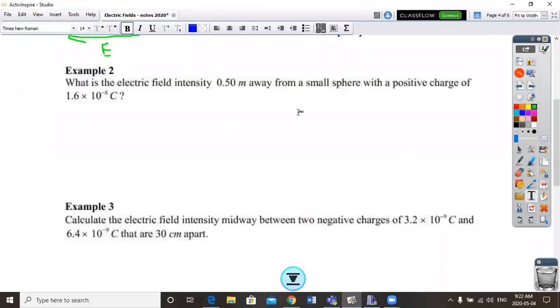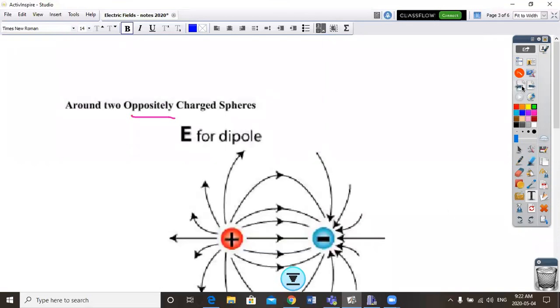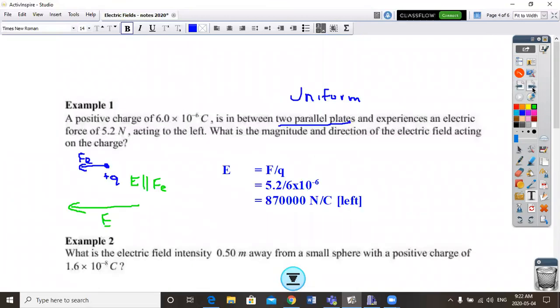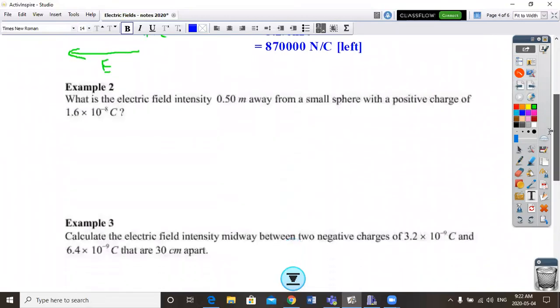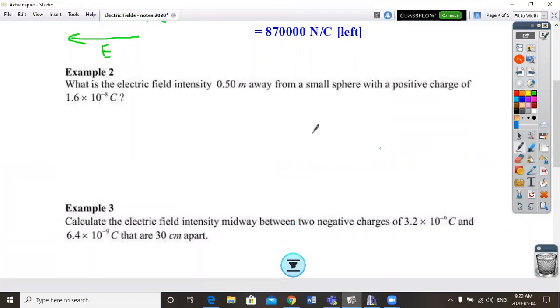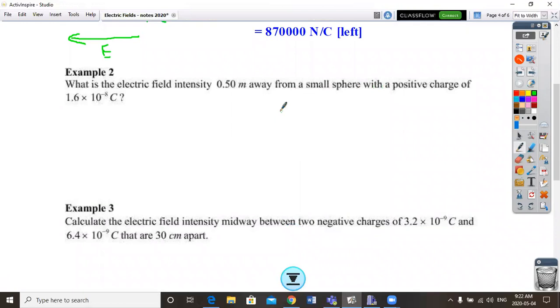So example 2, we're going to look at a non-uniform field. So when we're looking at the electric field intensity and we were given a distance, okay, we have to use the previous definition, which is KQ over R squared. So non-uniform means we use KQ over R squared. So example 2 is non-uniform.